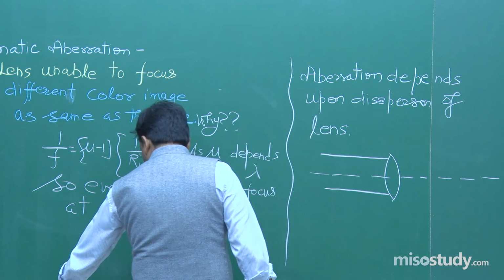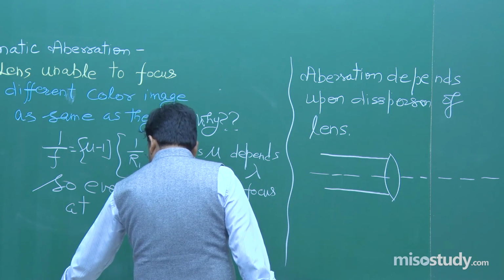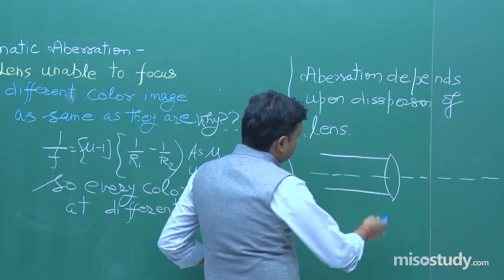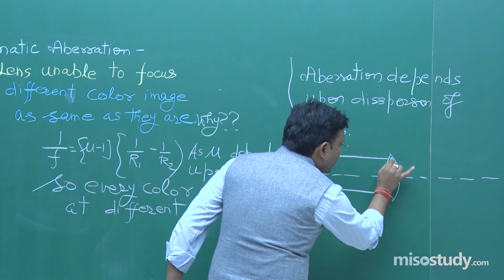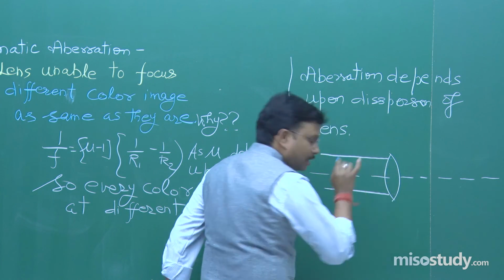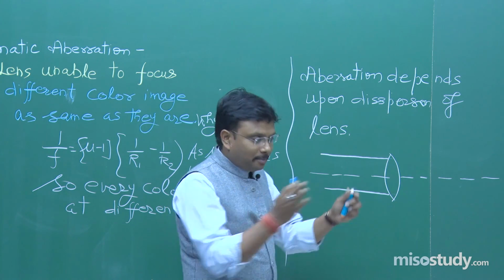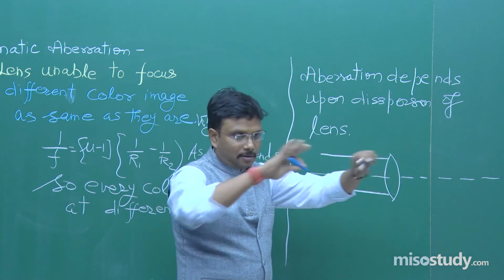Now we have to use two different colors. From here, this ray will not come out as white light, because it will be bifurcated.